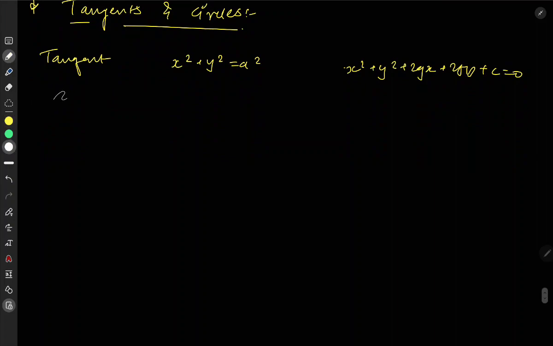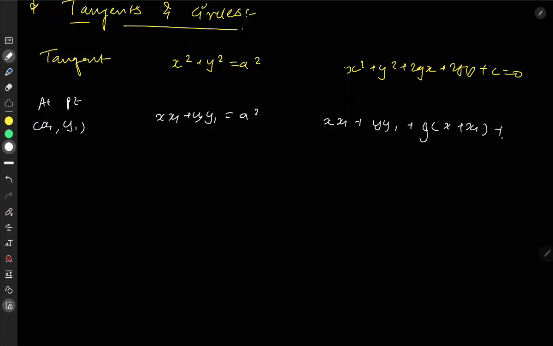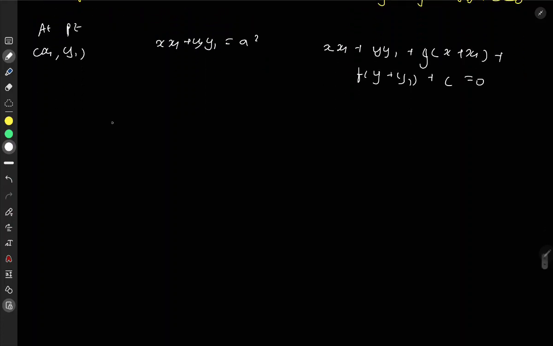The first one is at point x1 comma y1. Here we will write x x1 plus y y1 equals a square, and here we will write x x1 plus y y1 plus g times x plus x1 plus f times y plus y1 plus c equal to 0.